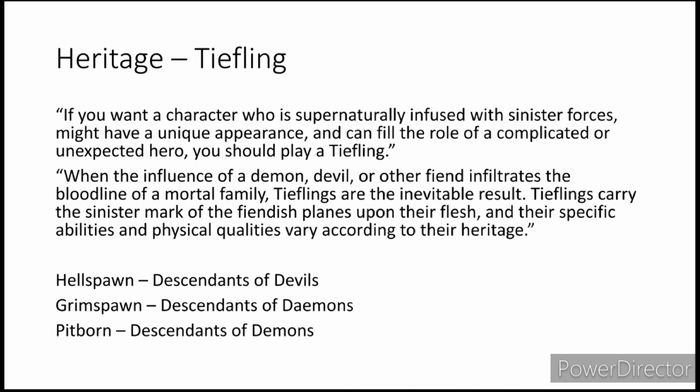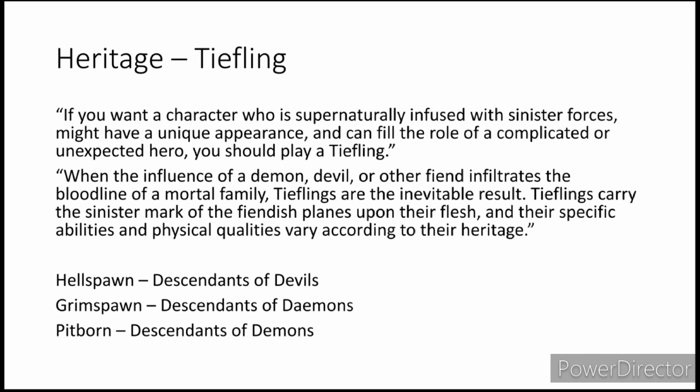When the influence of a demon, devil, or other fiend infiltrates the bloodline of a mortal family, tieflings are the inevitable result. Tieflings carry the sinister mark of the fiendish planes upon their flesh, and their specific abilities and physical qualities vary according to their heritage, of which there are 3 listed.